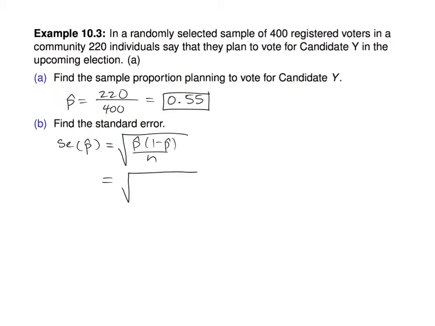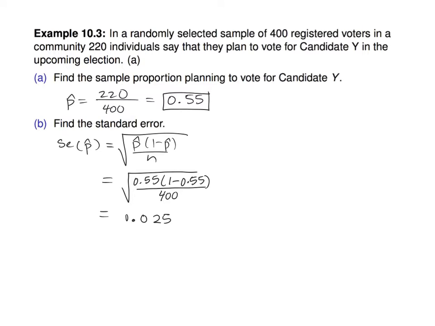So what goes in for p hat? 0.55, and 1 minus 0.55, which is 0.45, over 400, and that comes out to be, I got 0.025. You're pretty safe to round to 3 decimal places, it's totally fine. Okay, does that all make sense?